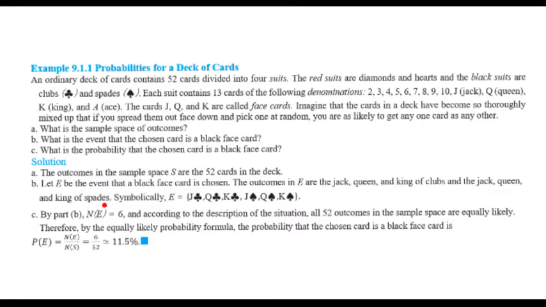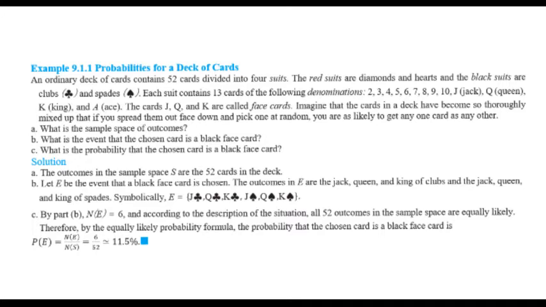Since the number of elements in E is 6 and the total number of possible outcomes, which is the number of elements in the sample space, is 52, according to the definition of probability, P of E is equal to n of E over n of S. We have 6 elements in E, 52 elements in S, so the answer is 6 divided by 52, which you can calculate and convert into a percentage, which becomes 11.5%.